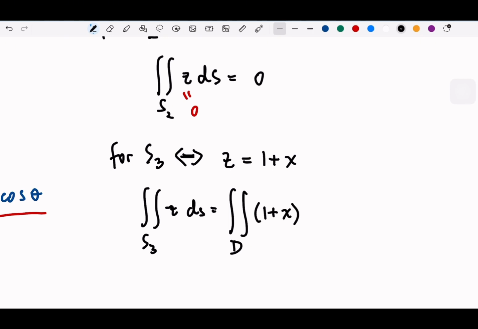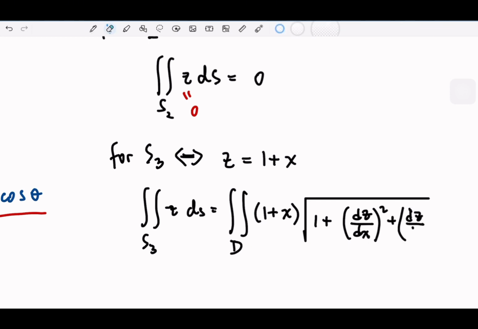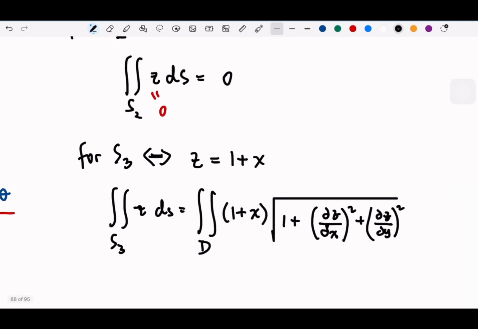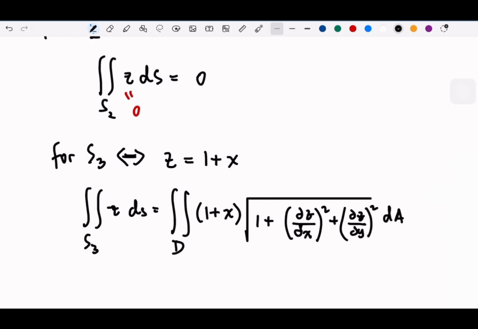And then the area, supposed to be the parallelogram, will be based on the surface area that we have learned before. So this will be the partial dz dx and dz dy, and then dA.